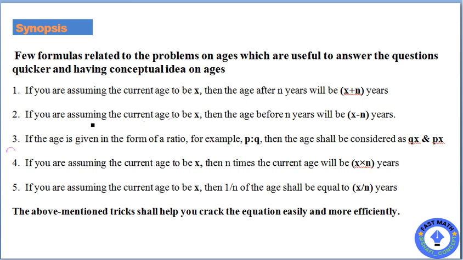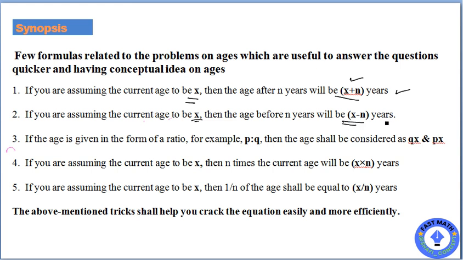If we assume the current age is x, then the age after n years will be x plus n, because if you consider 10, after 10 years the age will be 10 plus 10, which is 20 years. If you remember this formula, you can easily substitute based on the problem.